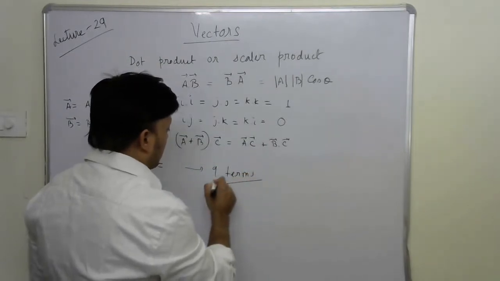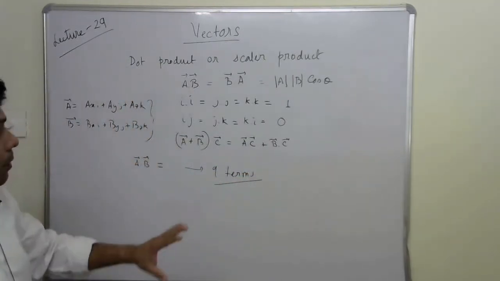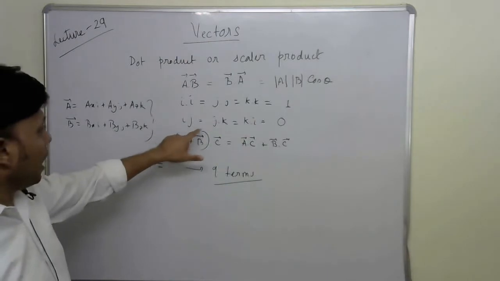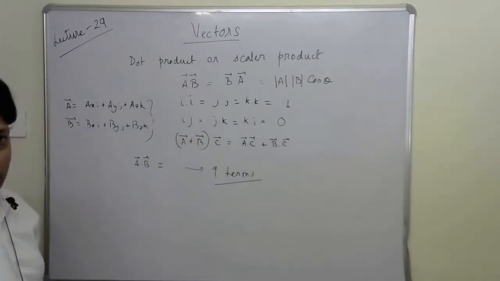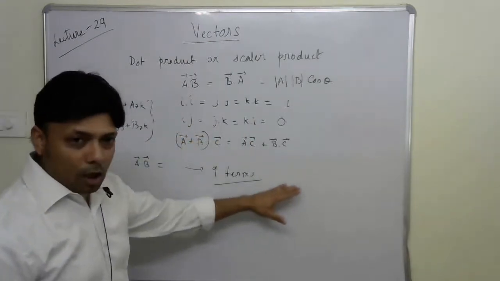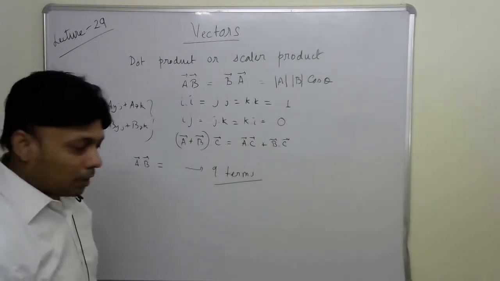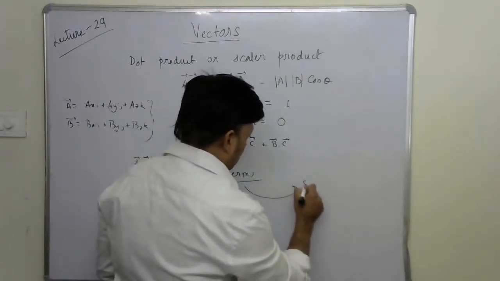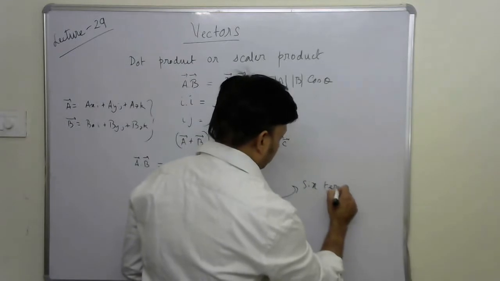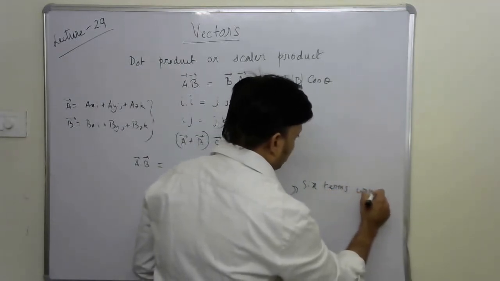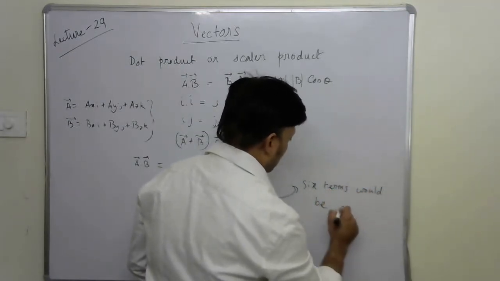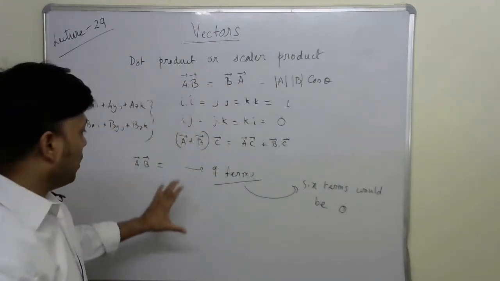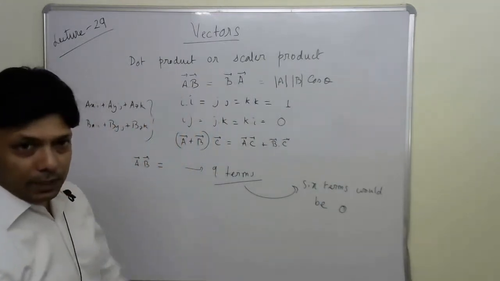Out of 9 terms, some will become 0 because we have i, j, j, k and k, i. Can you tell me how many terms will become 0? Out of the 9 terms, 6 terms would become 0. So there would be only 3 terms left.